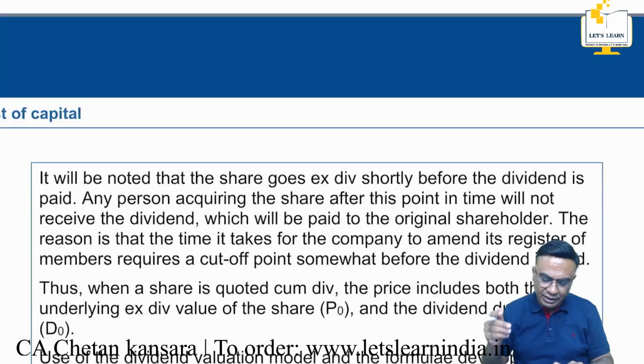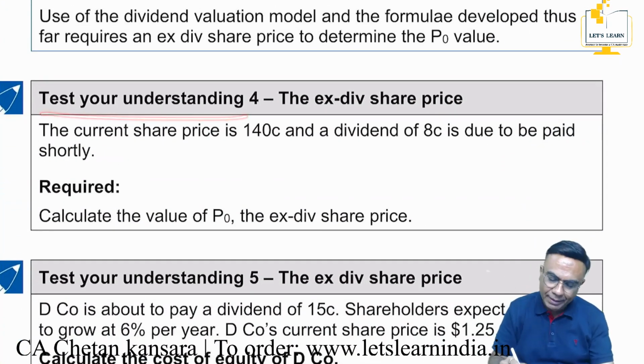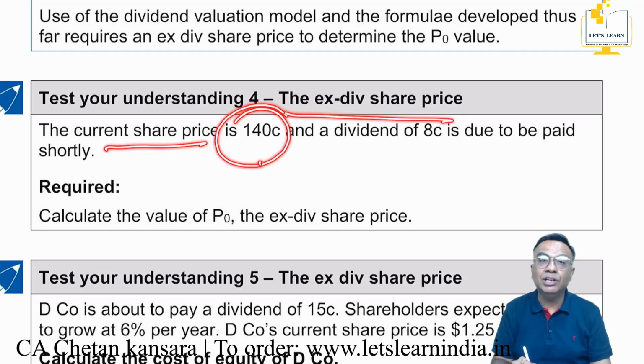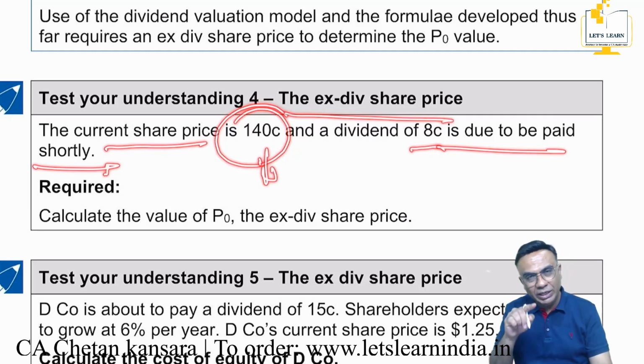Let's take an example. Ex dividend share price. The current share price is 140 cents and the dividend of 8 is due to be paid shortly. That means this price is including dividend.